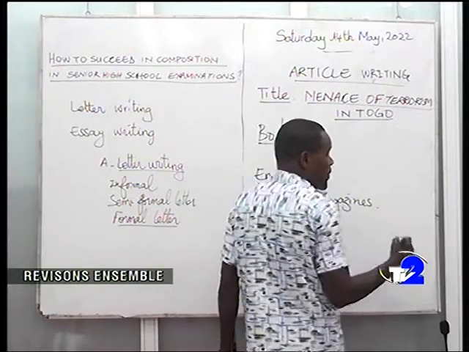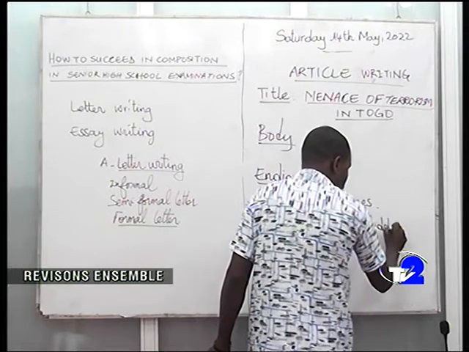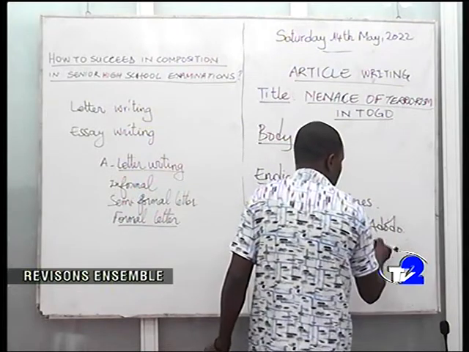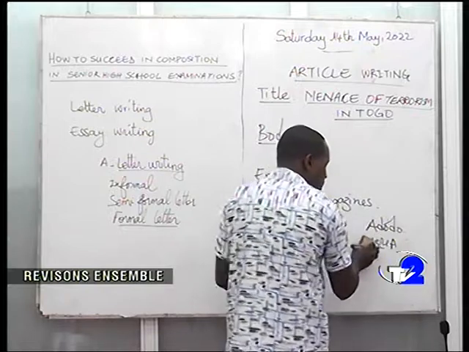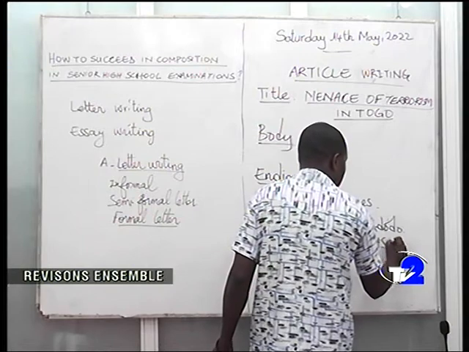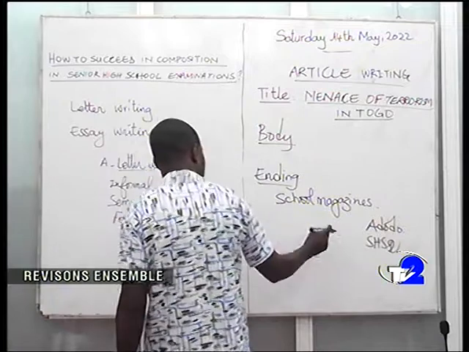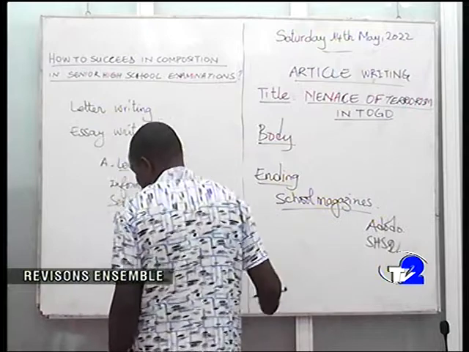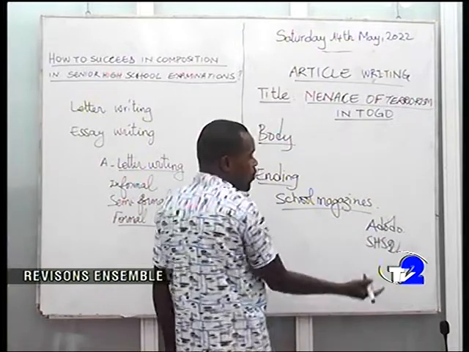If your name is, for example, Adudu, you just write Adudu, followed by your class. You can write Premier A, or SHS 1 or SHS 2. So when you are writing for your school magazine, you don't need to write your full name. You just write your first name and your class.